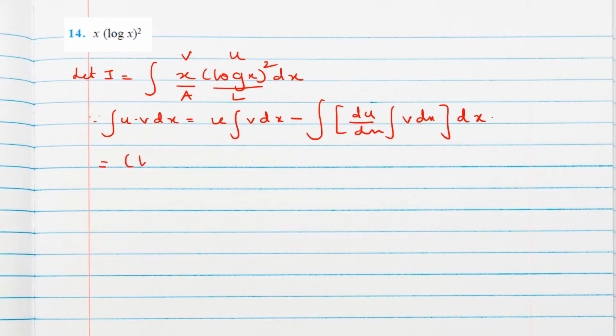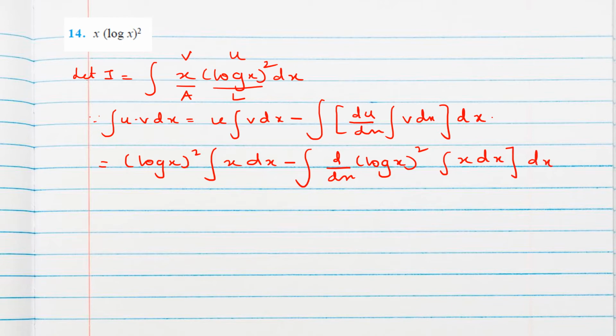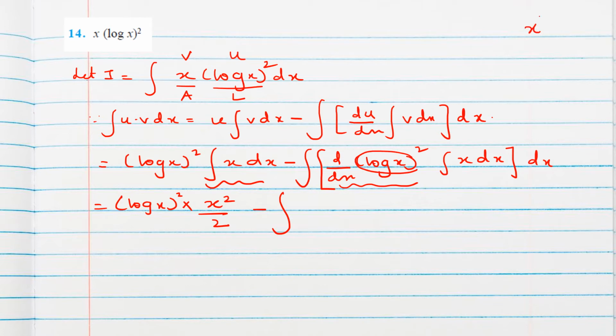u is (log x)², integral x dx, minus the derivative of (log x)² times the integral x dx, then the whole integration. So (log x)². For this integral we have the power rule, x²/2. And for the derivative we can use the power rule, but the power rule is for x only, isn't it?